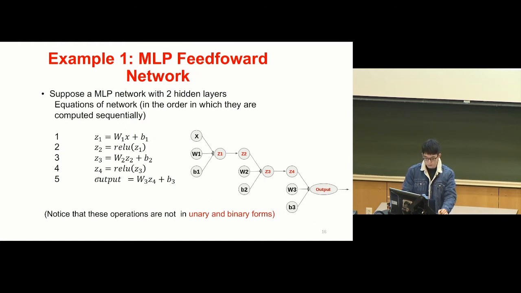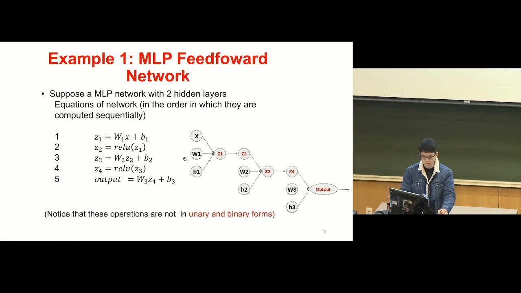The whole operation for the feedforward network has 5 operations. First is the linear layer, then the ReLU function, then another linear layer, then the ReLU function, and the output is another linear layer.